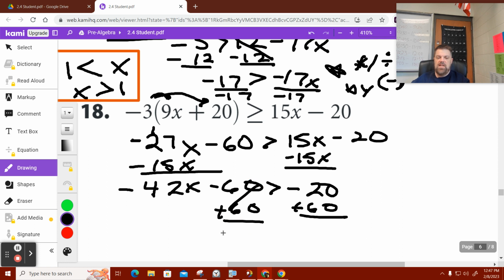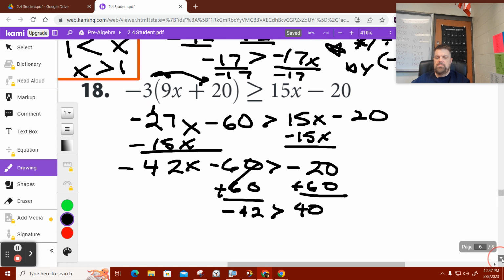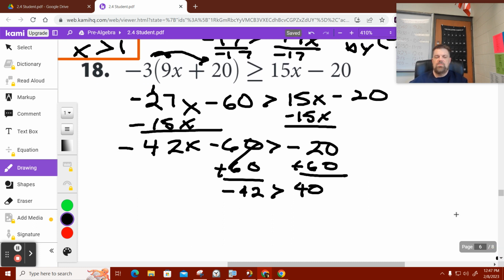These cancel, and I get negative 42x is greater than, what's that, positive 40? Yep. Okay, red hat. What do we do next? Oh, wait, this is 42x. I almost forgot. What do we do next?